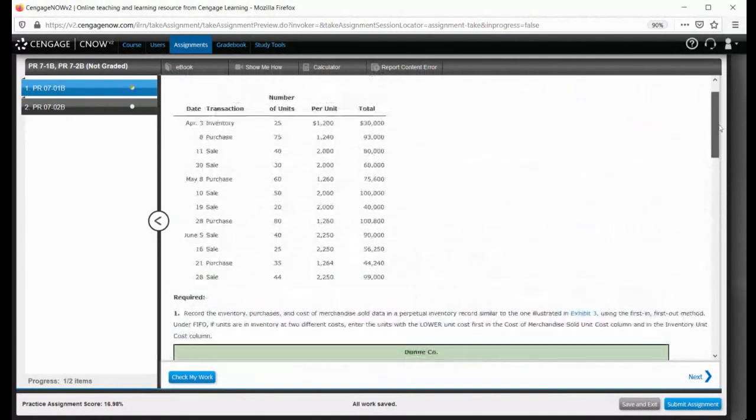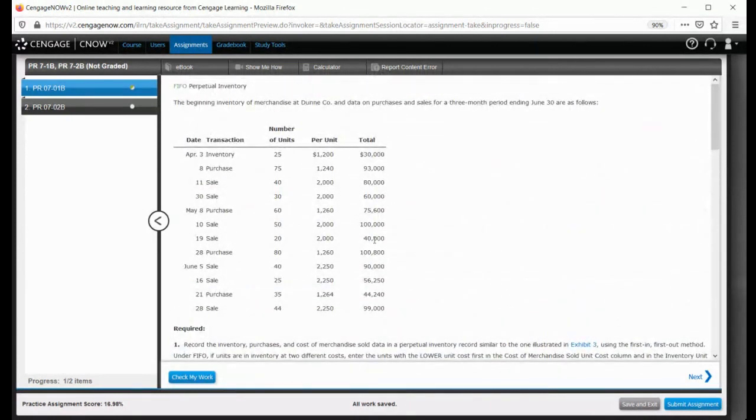On the May 10th transaction, you can see here that we had a sale. We sold 50 units this time, and it cost us, no, I'm sorry, this is not cost. We sold them for $2,000 a piece. This is the selling price of the merchandise inventory.